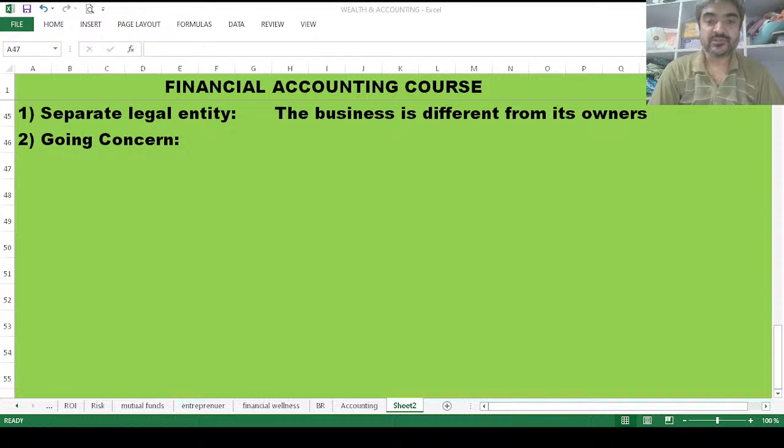On account of this concept, the accountant, while valuing the asset, does not take into account the sale value of assets. Moreover, he charges depreciation on fixed assets on the basis of their expected life rather than on their market values.